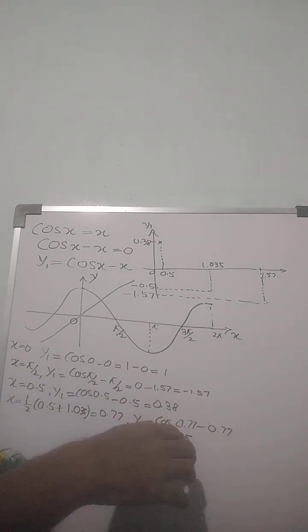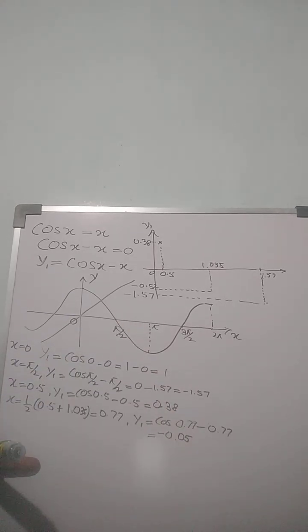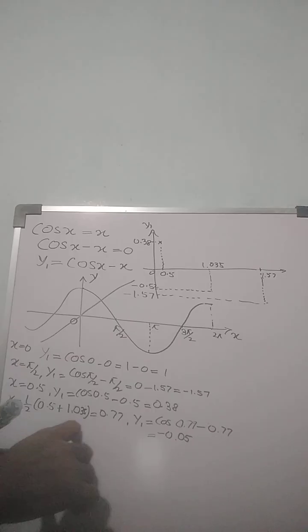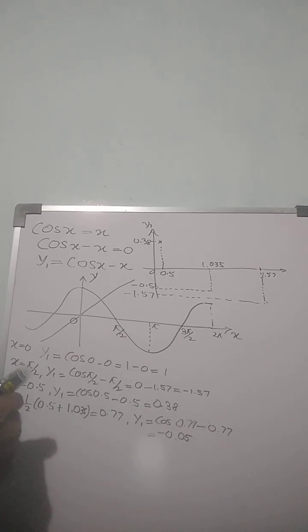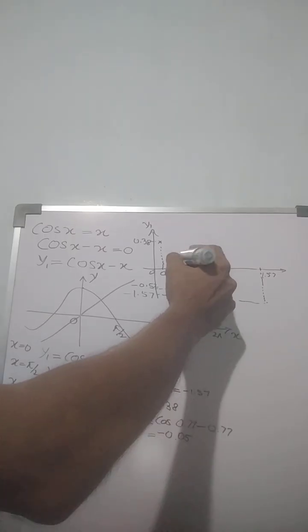Now I take all the x values and y1 values up to 2 decimal places, for accuracy. Now when x equals 0.77, y1 is minus 0.05.